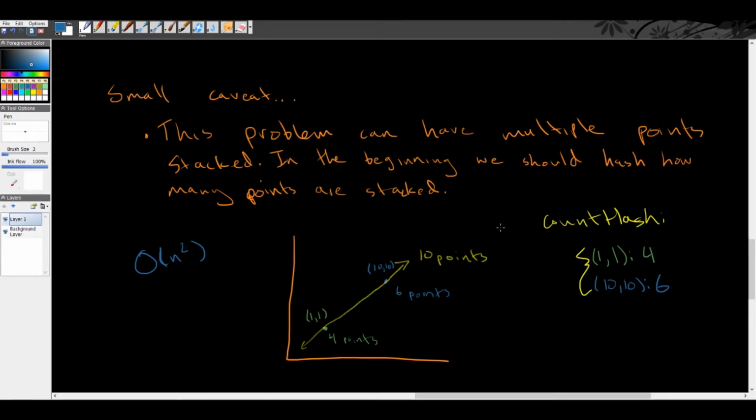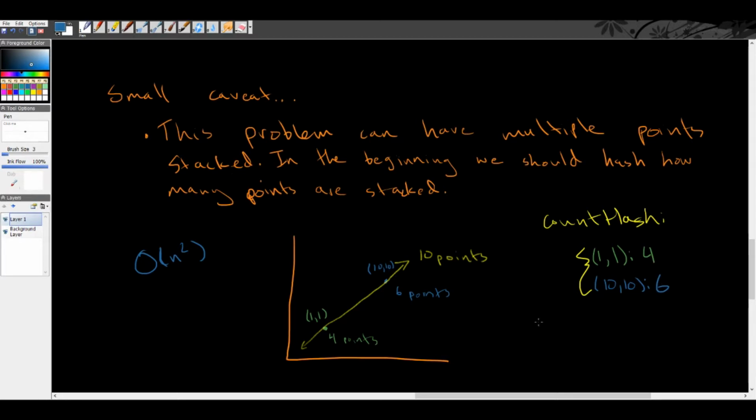there could be multiple points on the same coordinate position. So you can see here with this plot, the green coordinate has 4 points on it, and the blue coordinate has 6 points on it. So all we need to do is hash the coordinates to reflect how many points are stacked there.